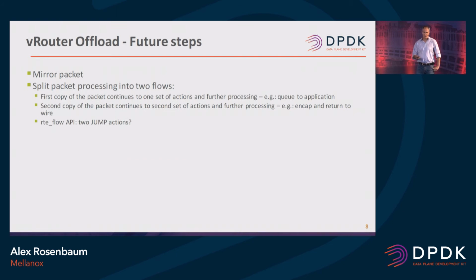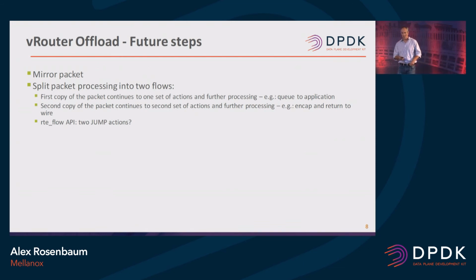More features which are needed by the vRouter: mirroring a packet. So a packet has arrived and you want to mirror the packet to some logging instance or for debugging. So you want to classify and then split the packet. One packet will go through the regular flow all the way to the queue to the application or to the VM, and another packet will go through a different set of actions, encapsulated with some new destination, maybe inside the machine, maybe outside on the wire or on a different port.